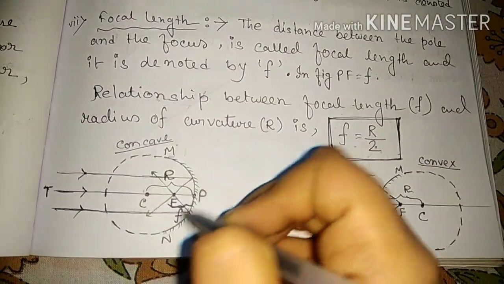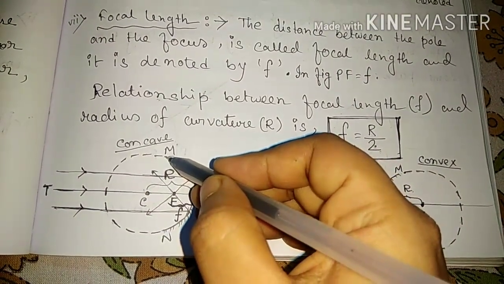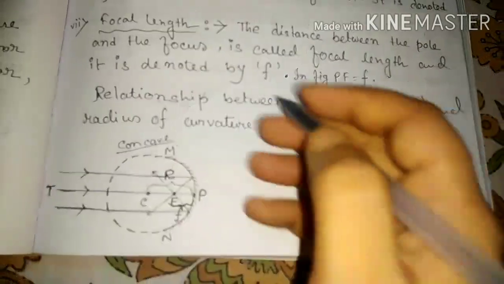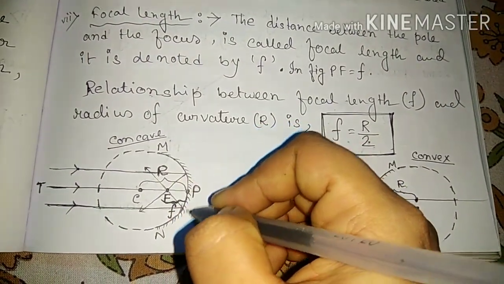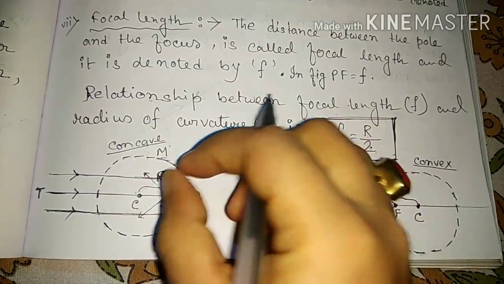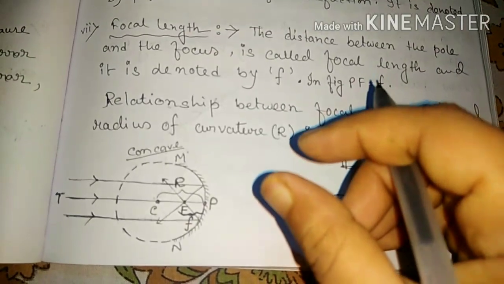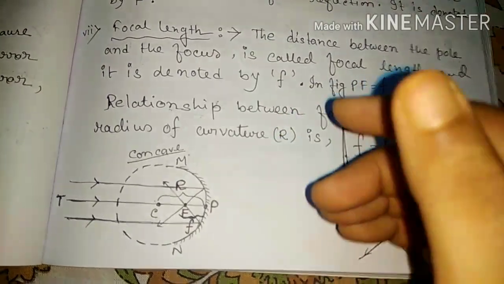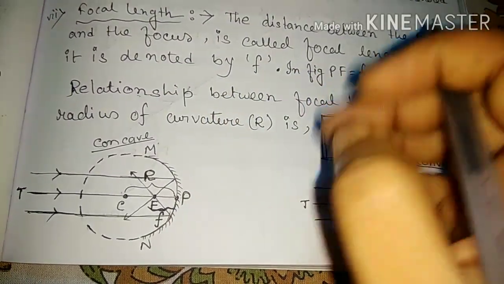Any sphere has a center, and because we use concave and convex, we consider one small part, an aperture of the sphere. That's why this MN is called the aperture, which represents the spherical mirror, which is a part of a spherical mirror.